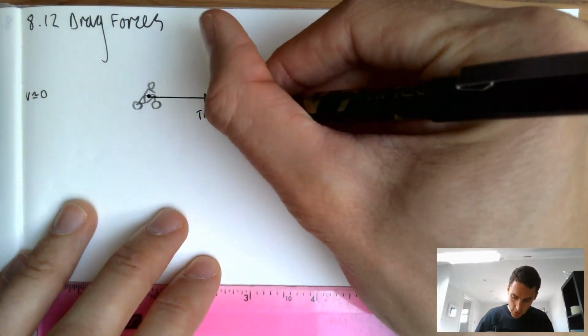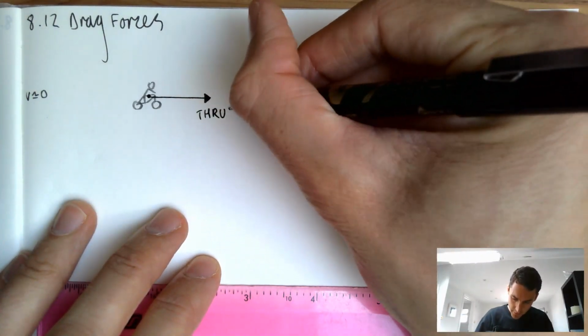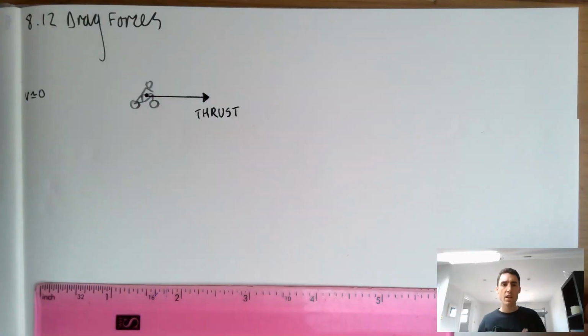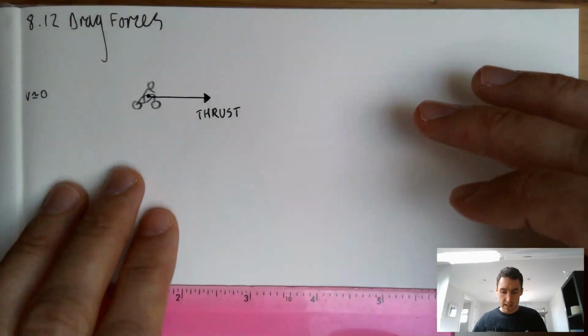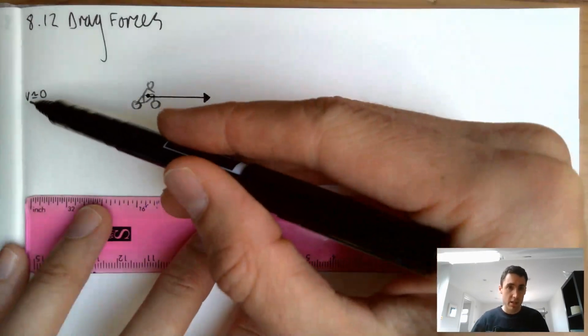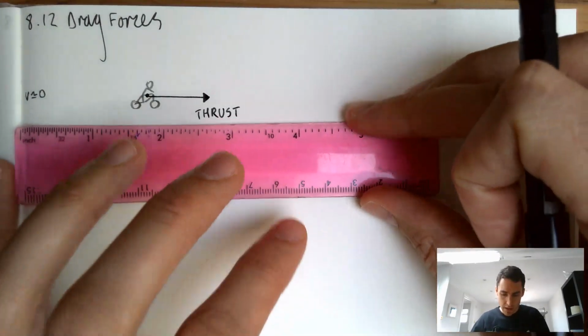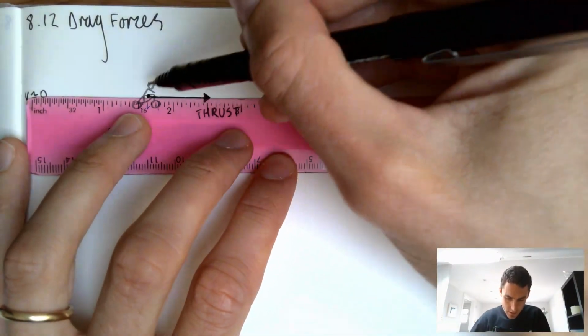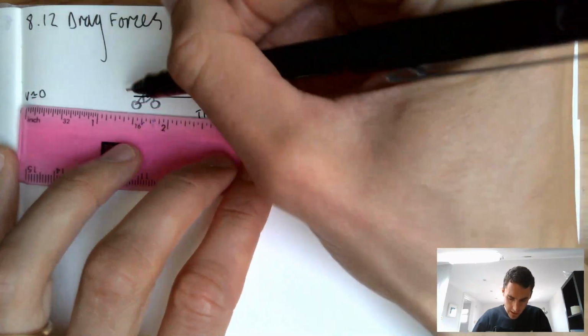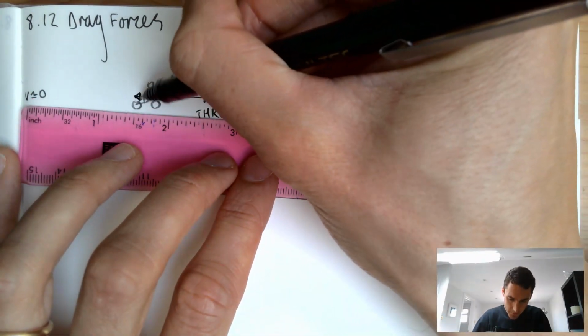I'm going to call this the thrust. You could call it the driving force as well, that's fine. And what you want students to recognise is that in this case, when the speed is very low, this drag force is very low. So something like this. I'm just going to draw a really little arrow to show that the drag is low.